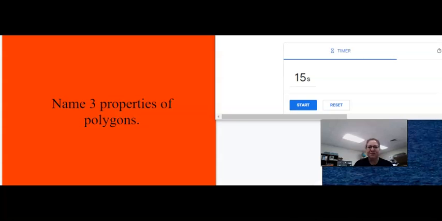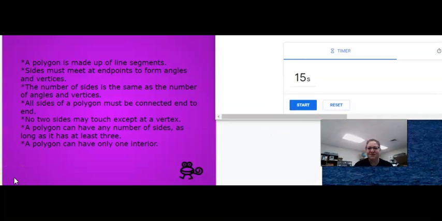Okay, name 3 properties of polygons. What do you know about polygons? All right, you should have said at least 3 of these things. A polygon is made up of line segments.